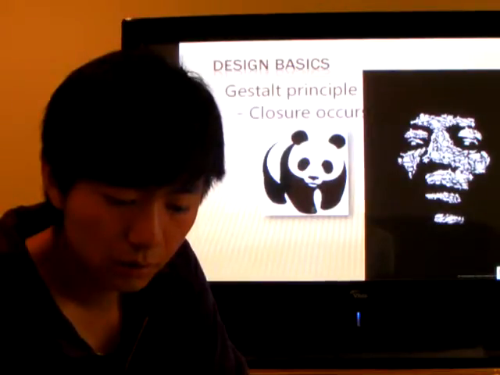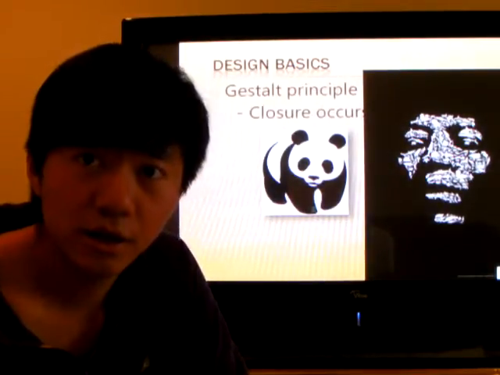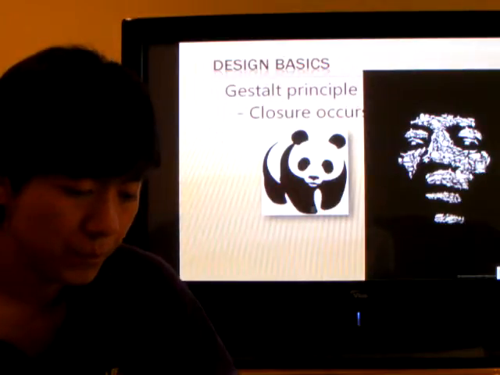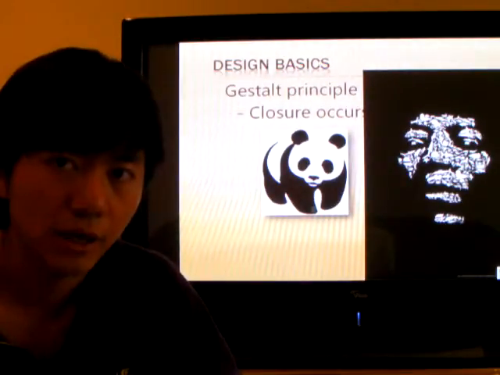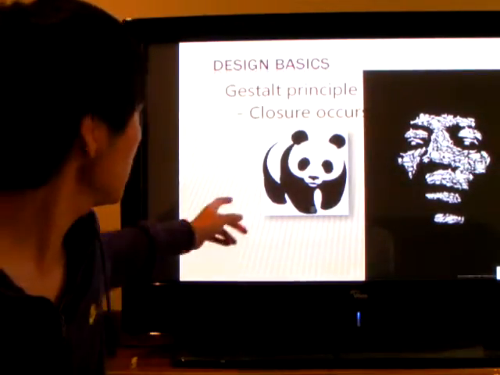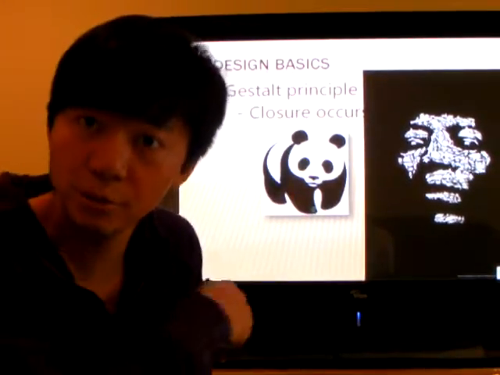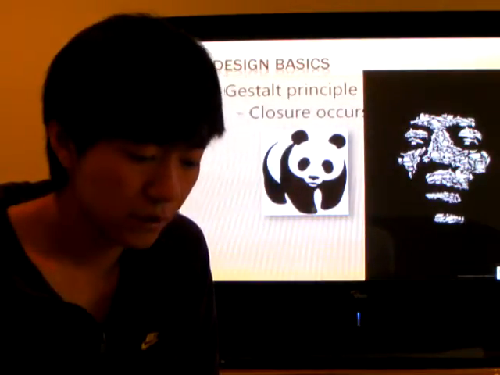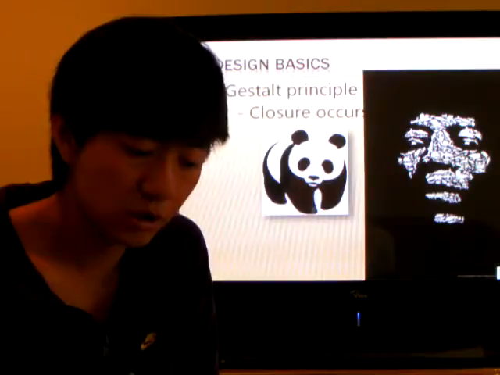Gestalt principle. Actually, there are many Gestalt principles, but I just pick one to talk about. I think most of us are familiar with this logo, WWF, and it also uses one of the Gestalt principles, which is closure.